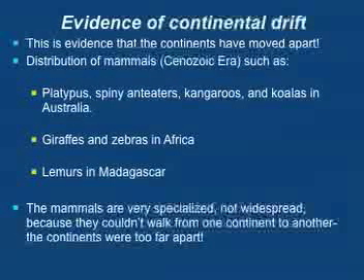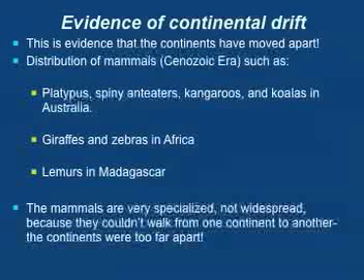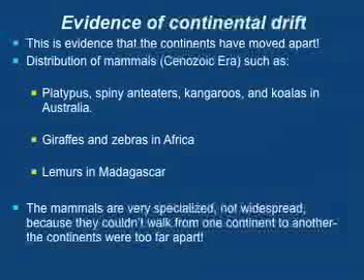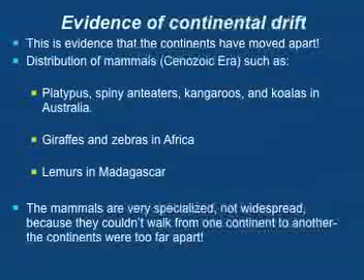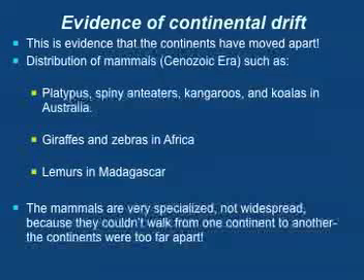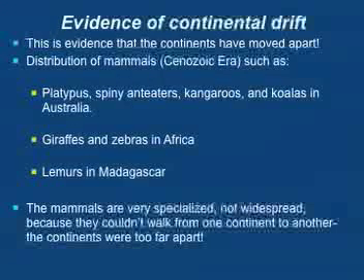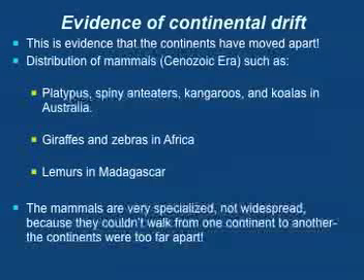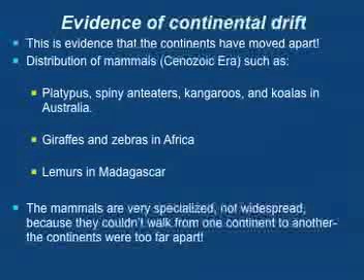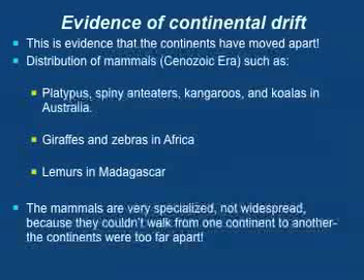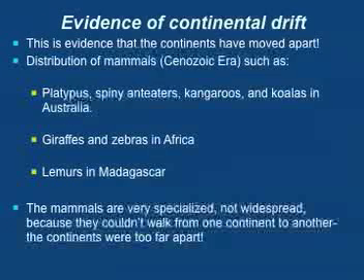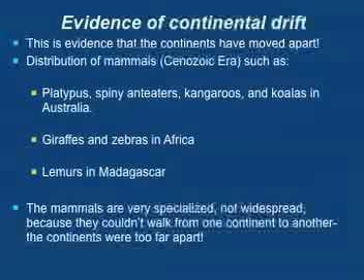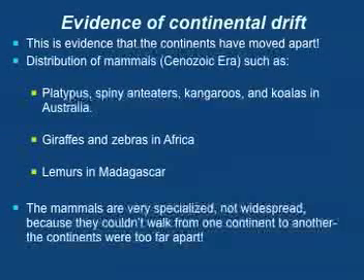In fact, South America had a very specialized group of life until the Central American land bridge went up about, I don't know, 5 million years ago. So these are the evidence that by the time these animals arose, they're not widely distributed. They're very specialized on their continents, unlike those short squatty things that could walk. These guys couldn't walk, and so they didn't, and we don't find their fossils. You don't find kangaroos in North America or Africa because they arose and evolved in Australia, and it was separated.